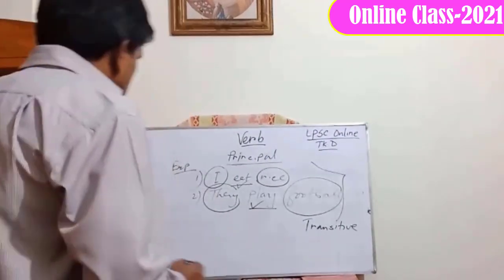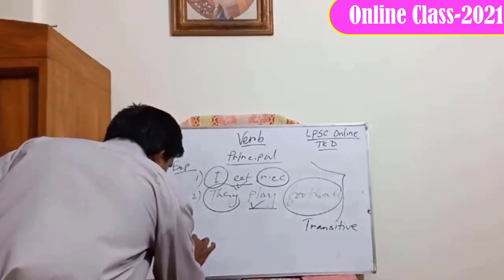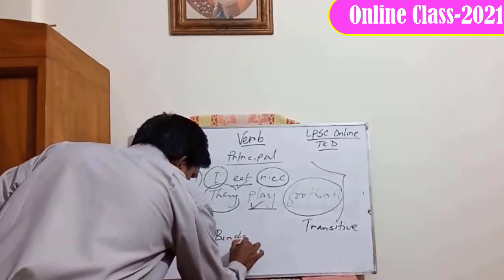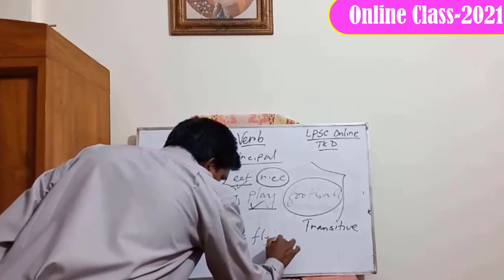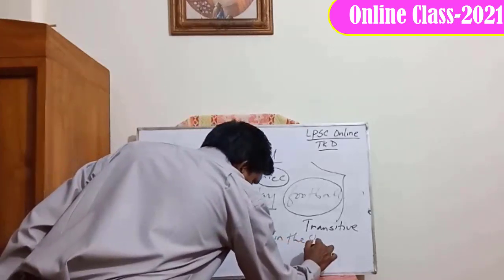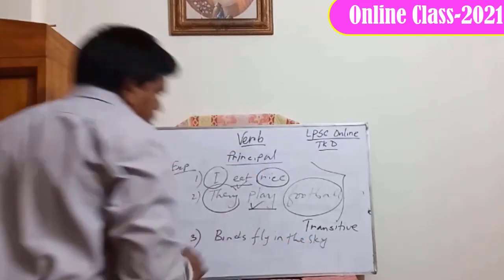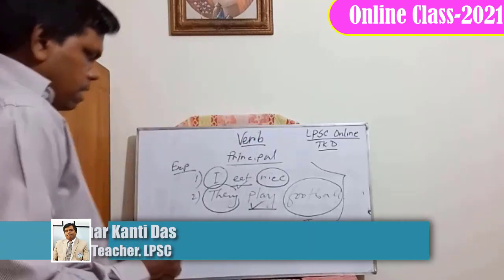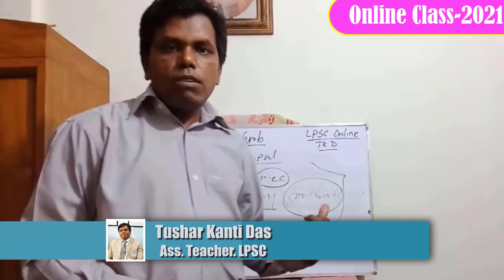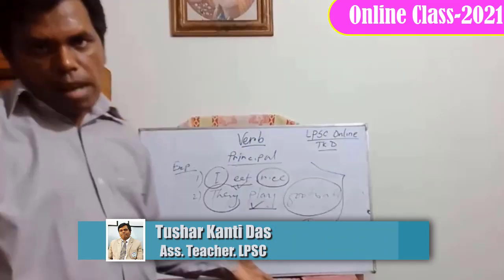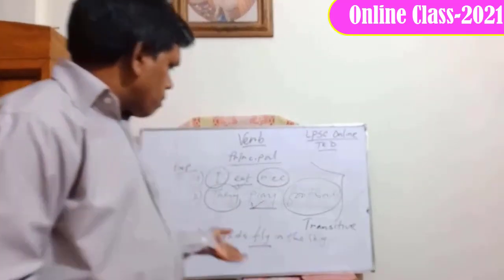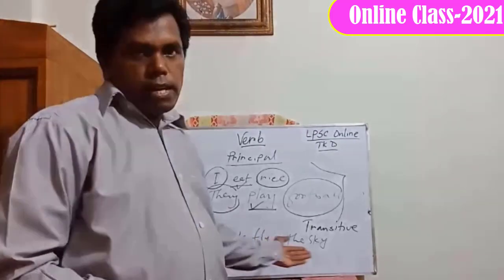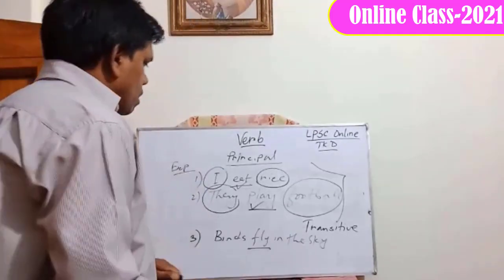But which principal verb doesn't have any? Suppose, birds fly in the sky. Birds fly. What are they doing? They are flying. So that is not an object.